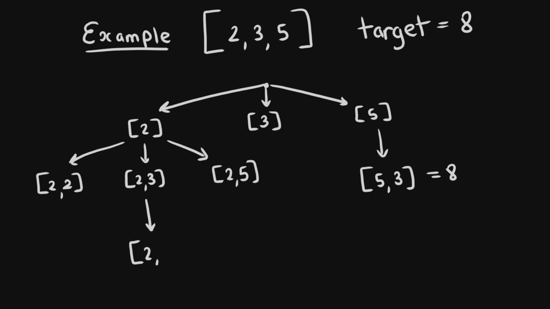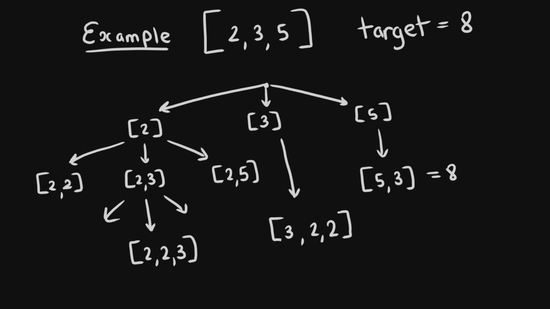So we can have 2, 2, 3 as one of the potential options, and there would be other options as well. And eventually from this value of 3, we'll get 3, 2, 2. As you can see, these are both equal, and they also both equal the target value.